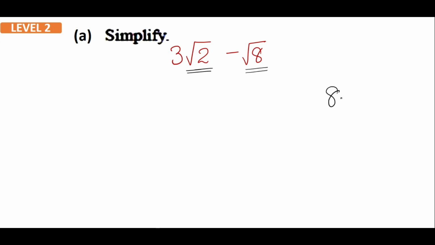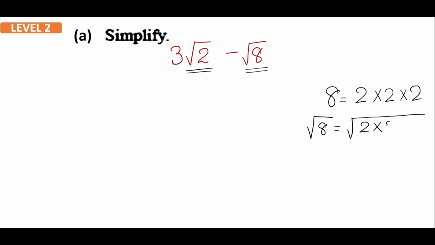Now 8 can be factorized as 2 times 2 times 2. 2 2s are 4, 4 2s are 8. So square root of 8 can be written as square root of 2 times 2 times 2. Now when you look at these terms, 2 times 2 is 4 and square root of 4 is 2.